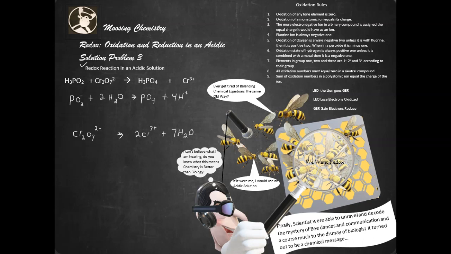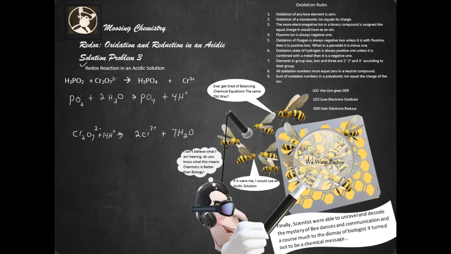All right, now look, that gives us a total of 14 hydrogens there, right? So we have to put 14 hydrogens on this side. So far, so good. Okay, things are starting to look a lot better.